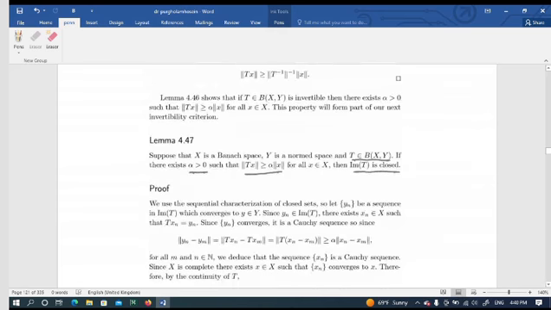Suppose that X is a Banach space and Y is a normed space and T belongs to B(X, Y).